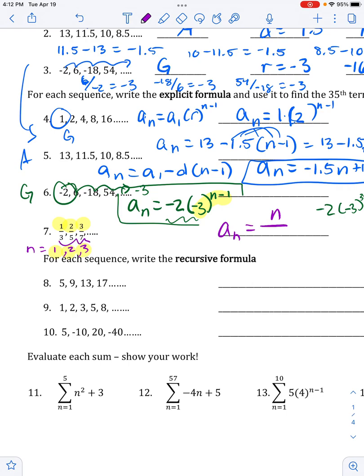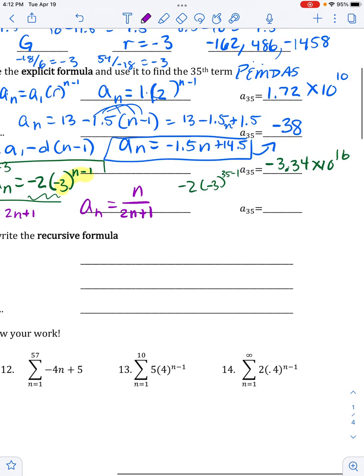The bottom ones I can see are going up by 2. So back when we did this, we said that means you're doubling the n and then you make any adjustments. So if I doubled my 1, I'd get a 2. If I doubled my 2, I'd get a 4. If I doubled the third, I'd get a 6. And then looking up here, each of the numbers I'm getting is 1 shy of what I need. So my adjustment is going to be a plus 1.